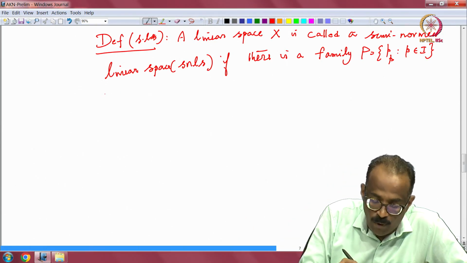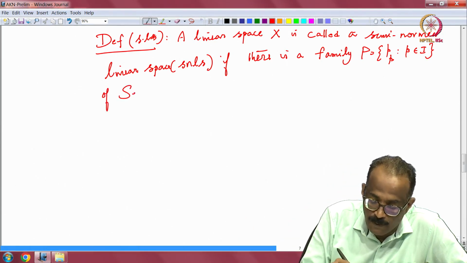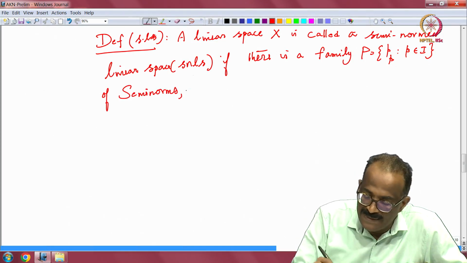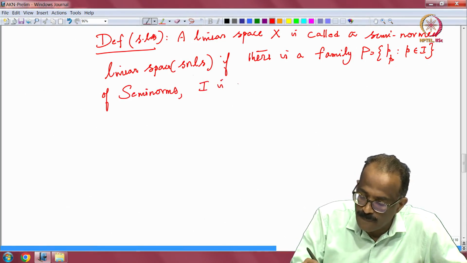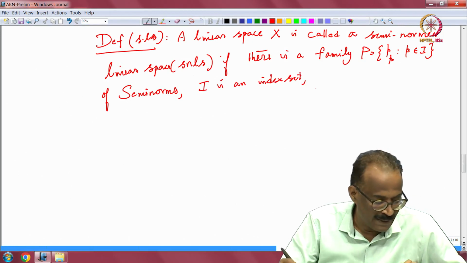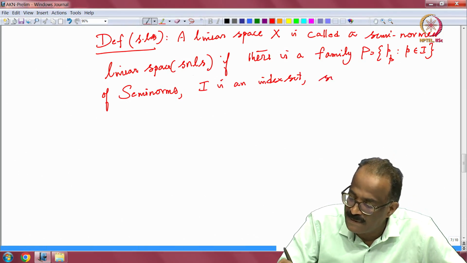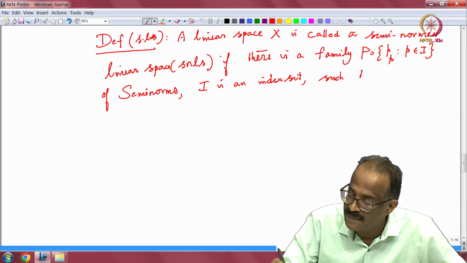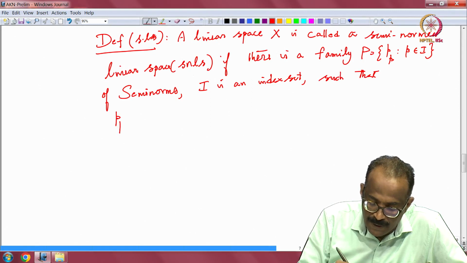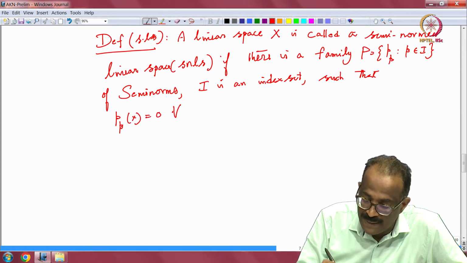Family P of seminorms, where I is an index set, such that you need one property to be satisfied: p beta of x equal to 0 for all beta in I.